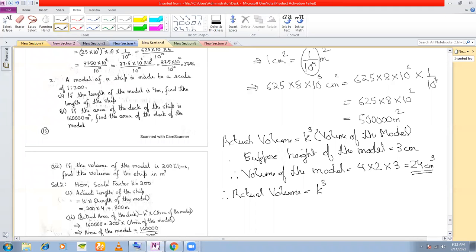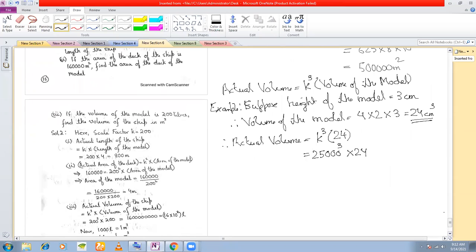Here we have calculated this. Let me give this to you as an example. K cube times 24. Now you put the value of k, 25,000 scale factor, into 24. Okay, and now you can find it out similarly.